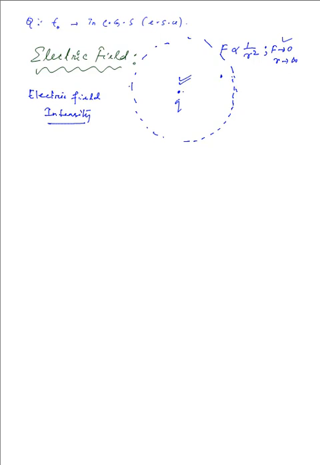So let's assume that the charge is at the point O, and this point P is lying at a distance r. In order to determine the impact that the charge will have on any other charge placed at that point, we consider a test charge, let's say Q naught, just to test the impact over there.